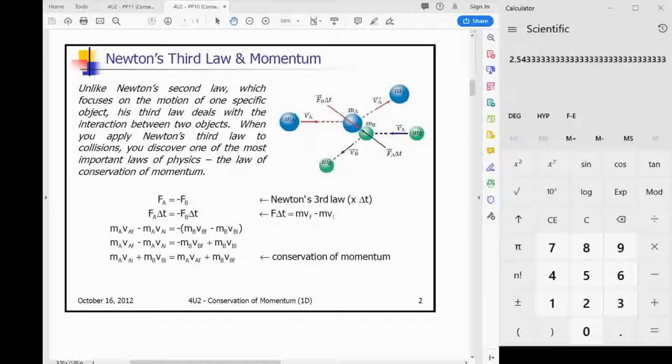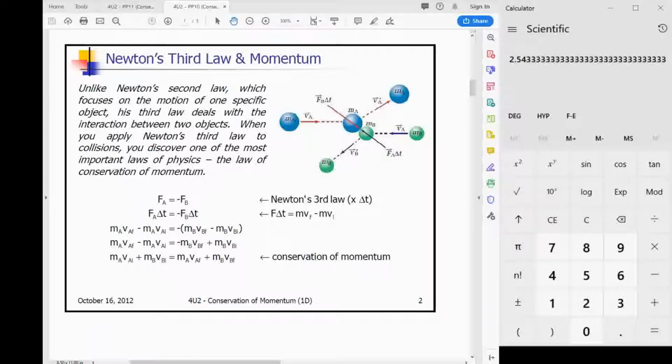What we would have is the force on A is equal to minus the force on B. So if we change these to momentum, now remember momentum can be found as mv, or it could also be force times time. So if we have Fa times delta t equals minus Fb times delta t, the delta t is shared, the shared time for both sides of that equation of the collision.